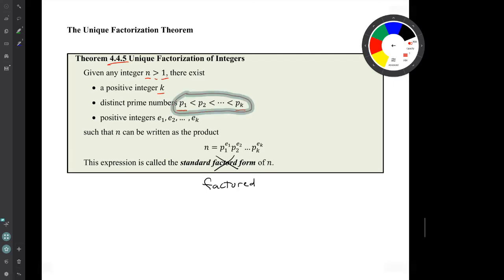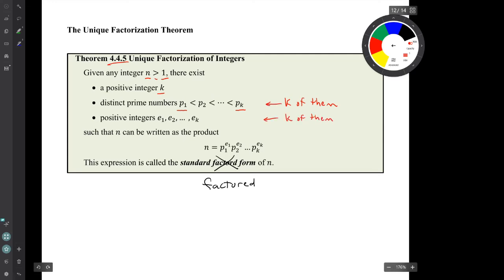And furthermore, there's a list of positive integers. So these are integers, they're called e subscript 1 all the way up to e subscript k. So there's a list of k prime numbers, and there's a list of k integers called e. So we've got three things. We've got this integer k, we've got this list of prime numbers, and we've got this list of integers.